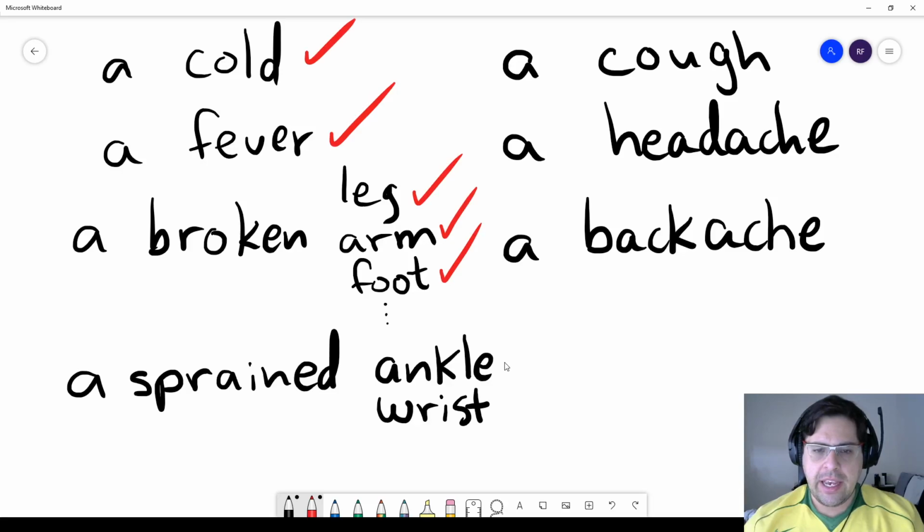She has a sprained ankle. Okay, she has. I have a sprained wrist. I have a cough. He has a headache. He has a backache.